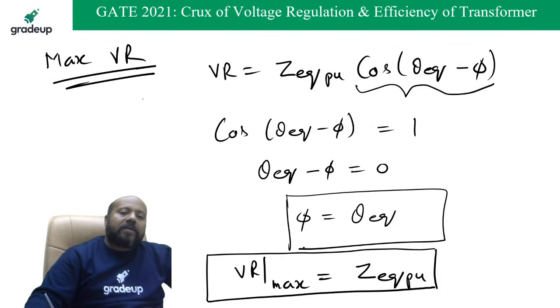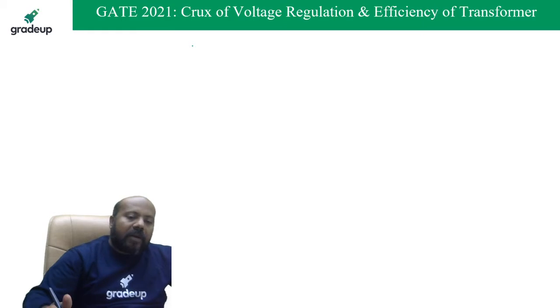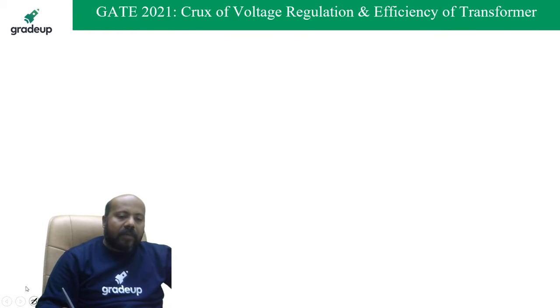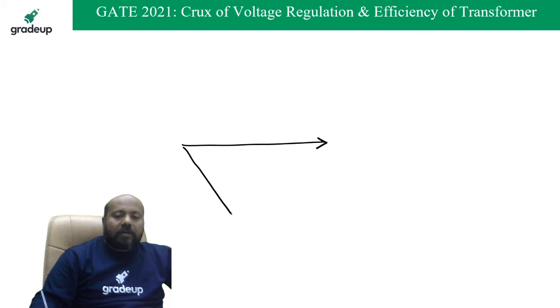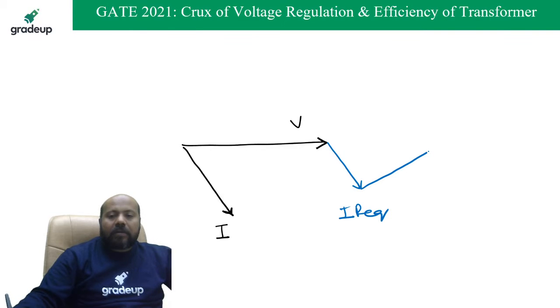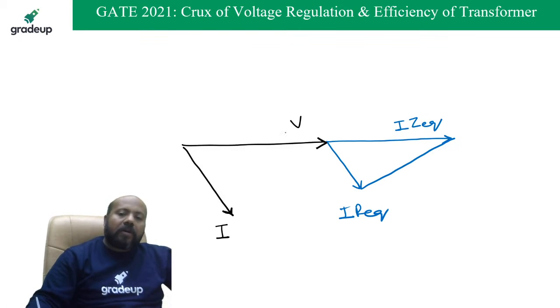But when you say the maximum voltage regulation, if you draw the phasor diagram, suppose this is your terminal voltage V, this is your I, and the drops are going to be like this: I R equivalent, and now I Z equivalent is going to be along V only.